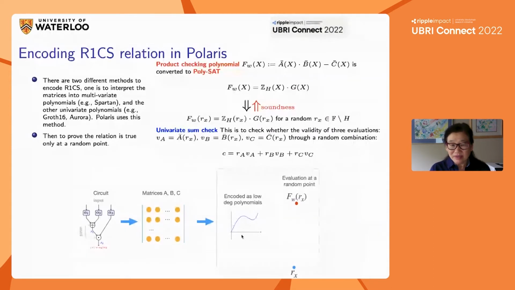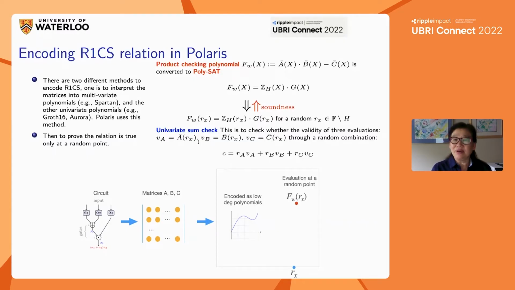Which means that you see we have a circuit, we get a matrix, then we encode it as a polynomial. And this relation should be true in this region, for every element in this region. Then it turns out we can just evaluate it at a random point, and prove this relation at a random point. Okay, so that's the first, the product check polynomial.